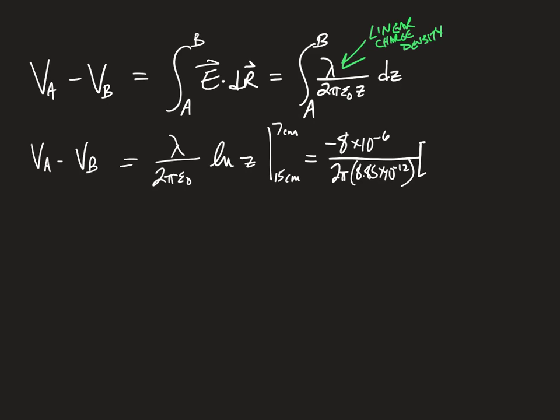And we're going to have the natural log of 0.07 minus the natural log of 0.15. And so my VA minus VB, difference in voltage, is going to work out to be this really large 109,000 volts.